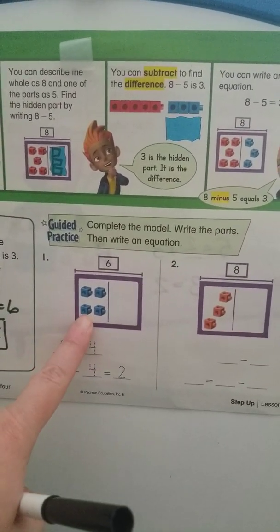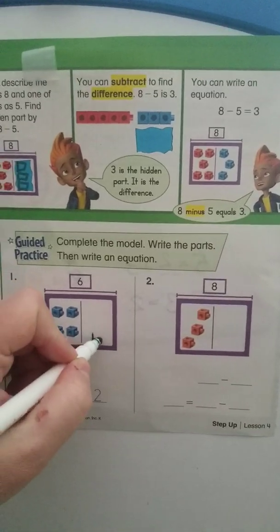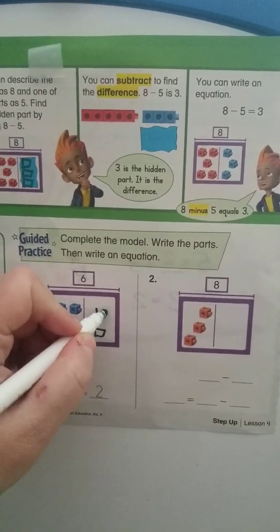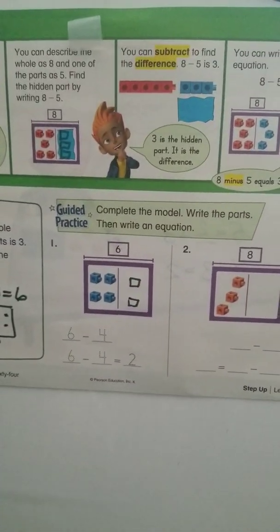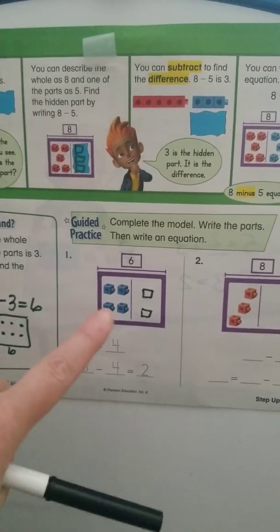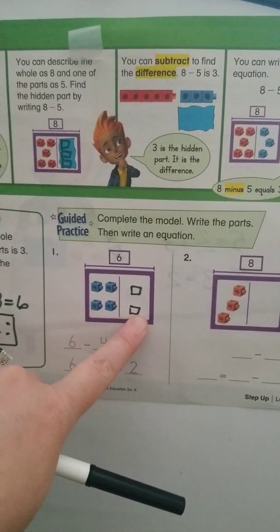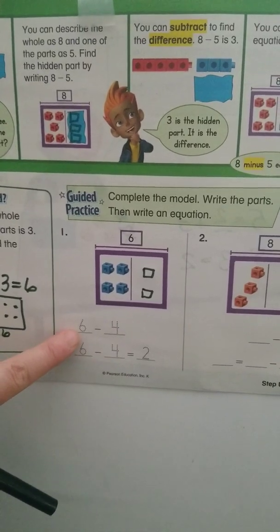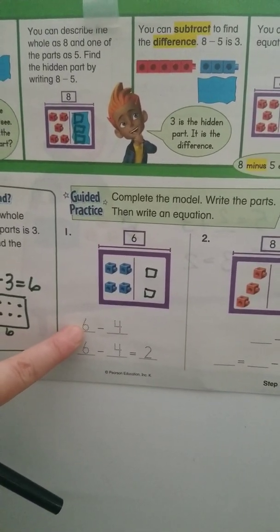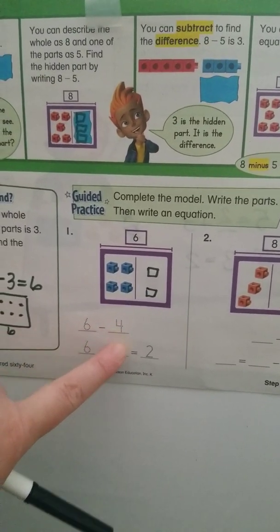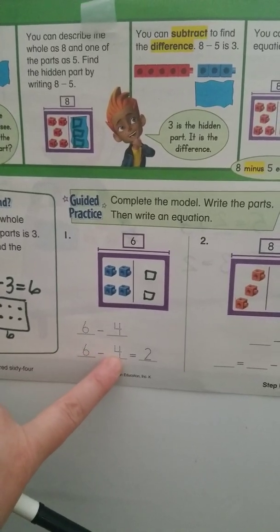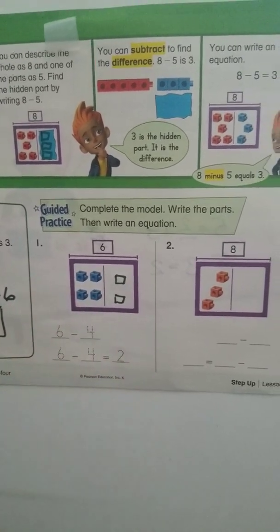If this one has 4, and I draw one more, now it's 5. Draw one more, now it's 6. And the 2 parts of this whole are 4 and 2. And they wrote the subtraction problem for you. 6 minus 4 equals 2.